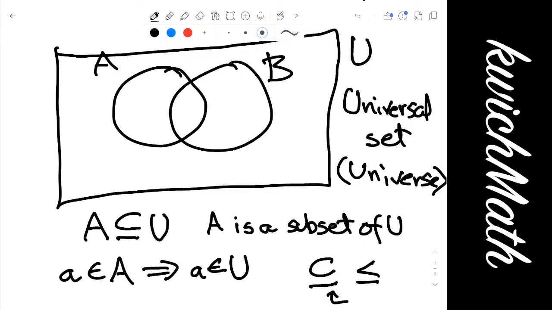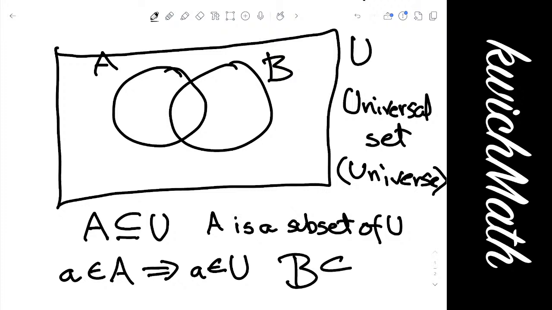So A could possibly be the entire universal set U. Right, and let's see if I can do this. That didn't work. I'm still getting used to this. Let's erase this. Of course, we also have that B is a subset of U in this case. Okay.